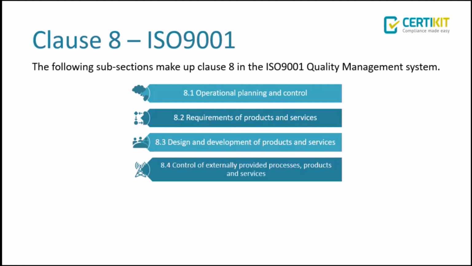This, as I stated before, is the only mandatory procedure you have to have in 9001. All the rest are nice to have. So 8.4, control of externally provided products and services. This subclause pertains to controlling the quality of products and services that are provided by your external suppliers.